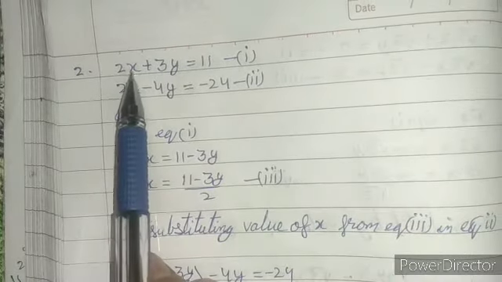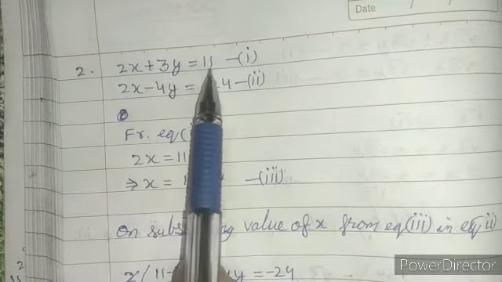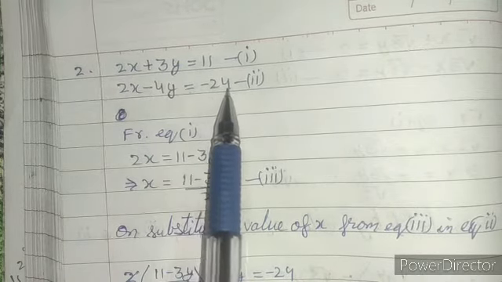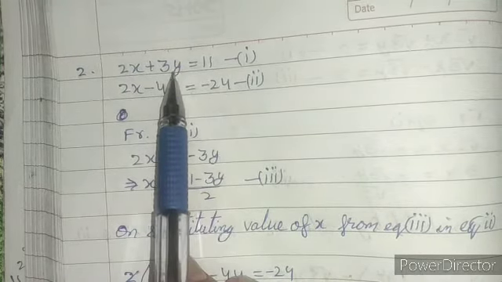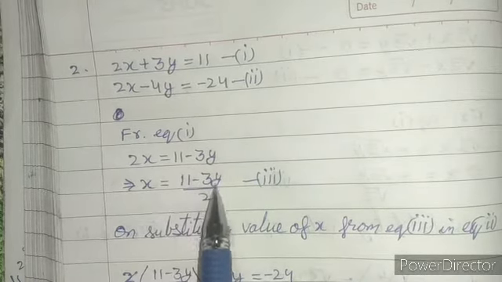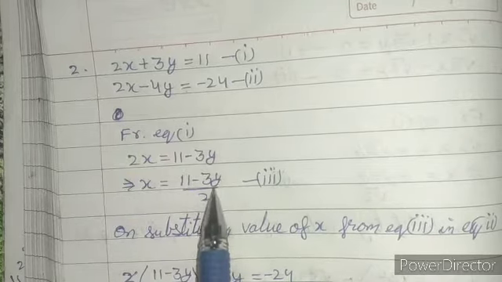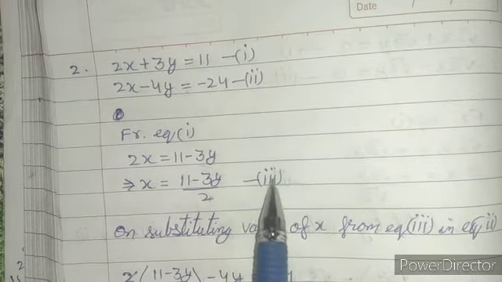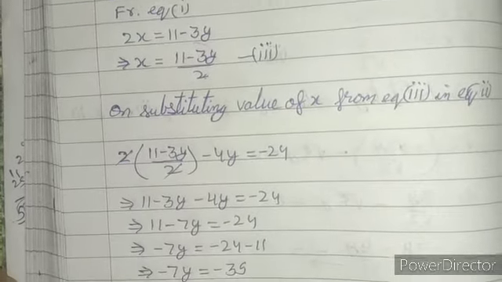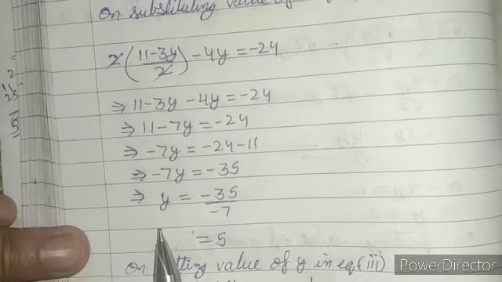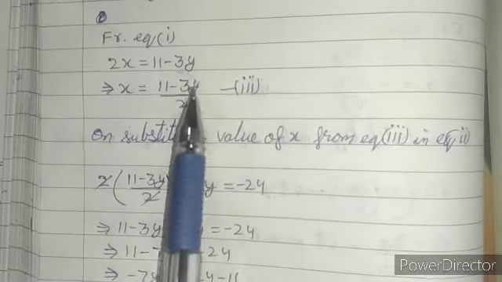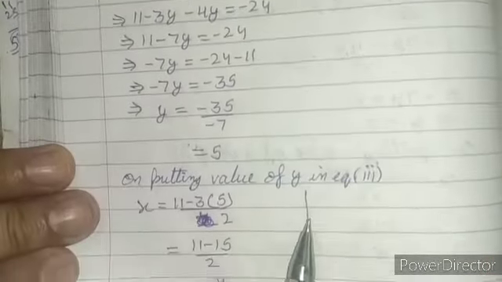Now from equation first, we are getting the value of x as 11 minus 3y upon 2. On substituting this value of x from equation third in equation second, we are getting the value of y as 5.